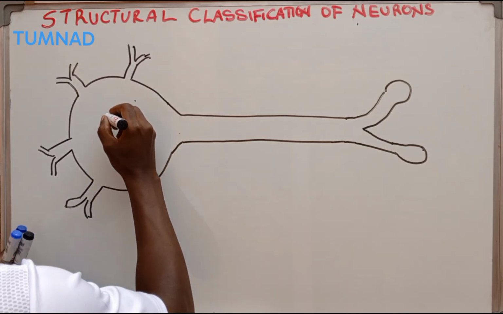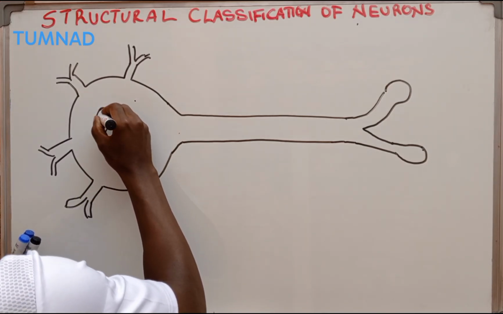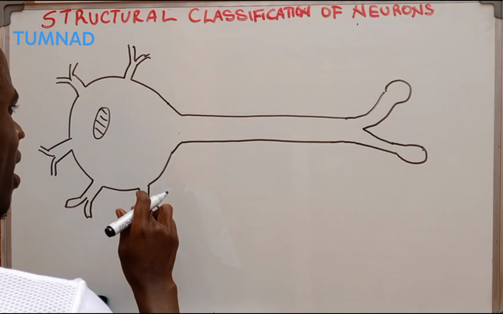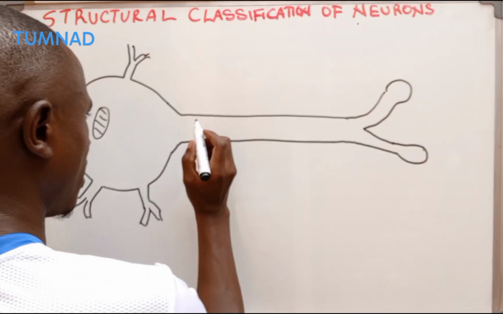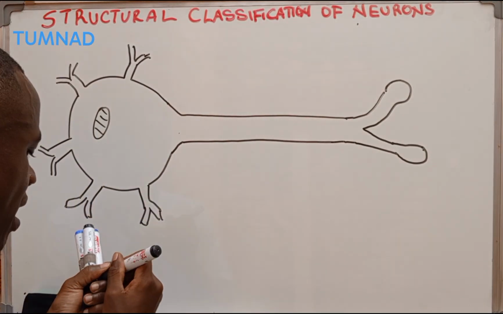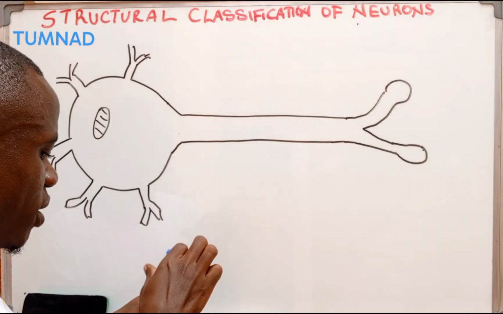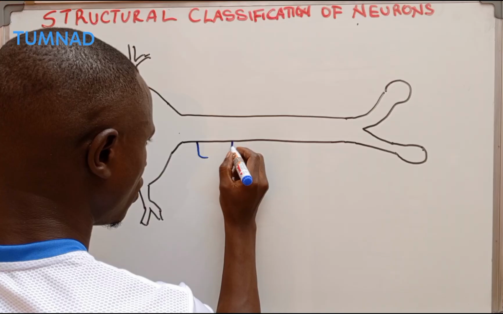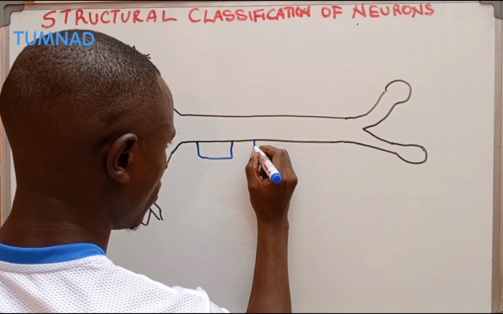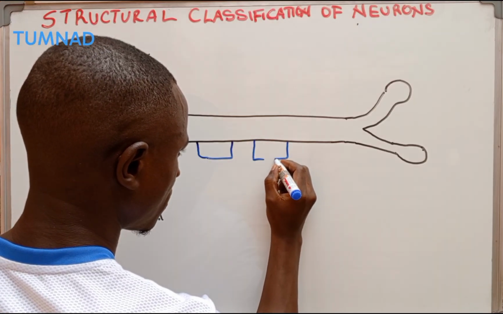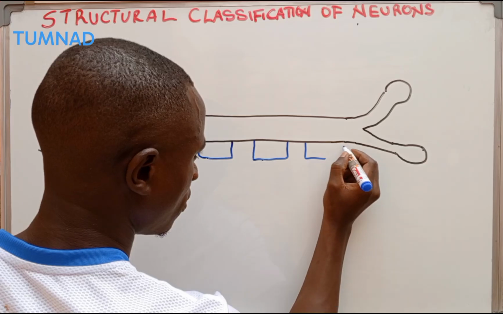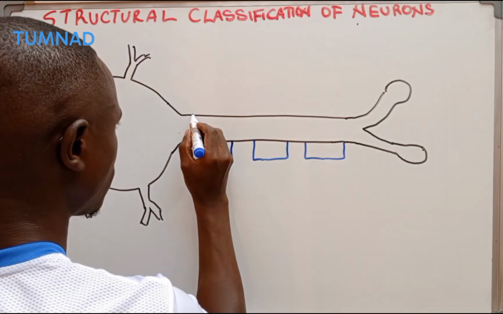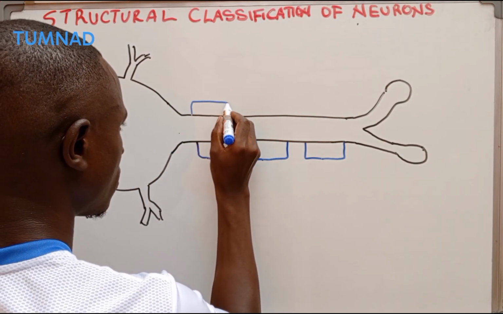Now, of course, this one is going to have genetic material residing in the nucleus, and of course you're going to have a layer of these structures here, a very beautiful layer.